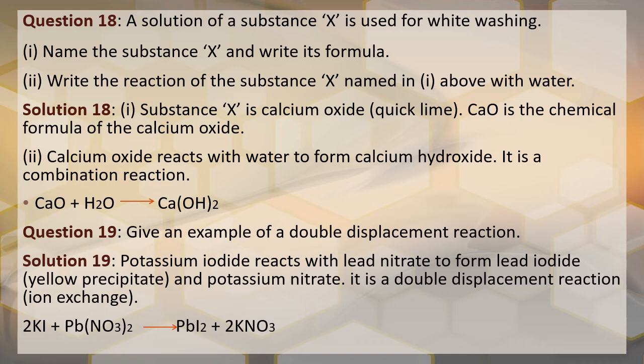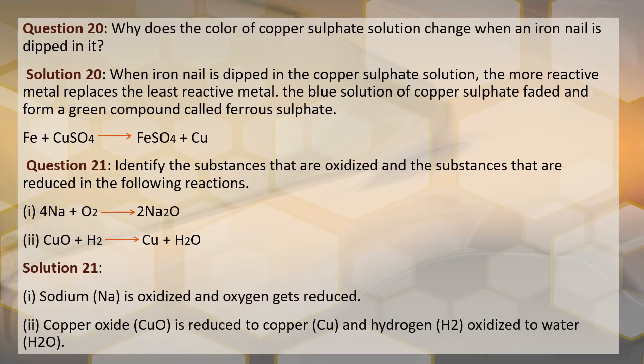Question number 20. Why does the color of copper sulfate solution change when an iron nail is dipped in it? It is a reaction between the iron and the copper sulfate, means a reaction between metal and metallic salt solution. What is the rule? Rule is when the free metal is more reactive than the combined metal, certainly it will displace.